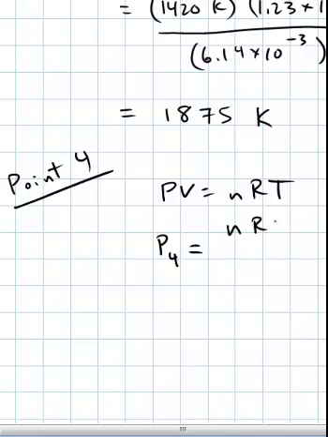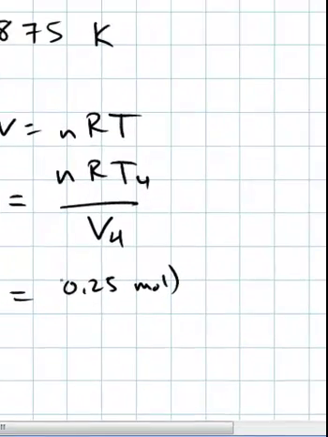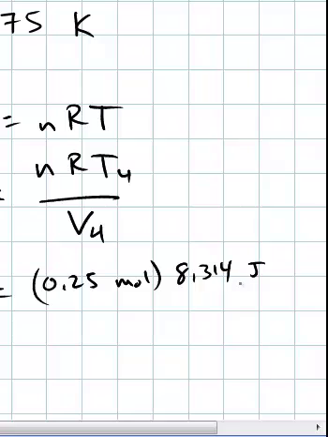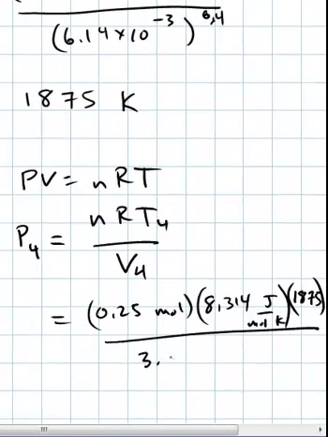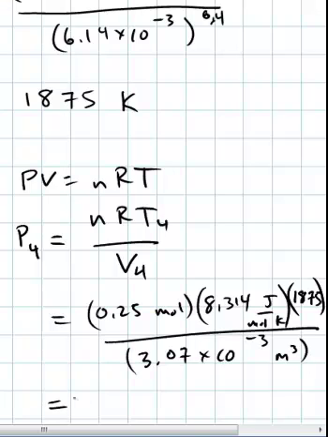The pressure at 4 is nRT4 over V4, and we know all of those. 0.25 moles, 8.314 joules per mole Kelvin, 1875 Kelvin, over 3.07 times 10 to the minus 3 meters cubed, and I end up with 12.7 times 10 to the fifth pascals.